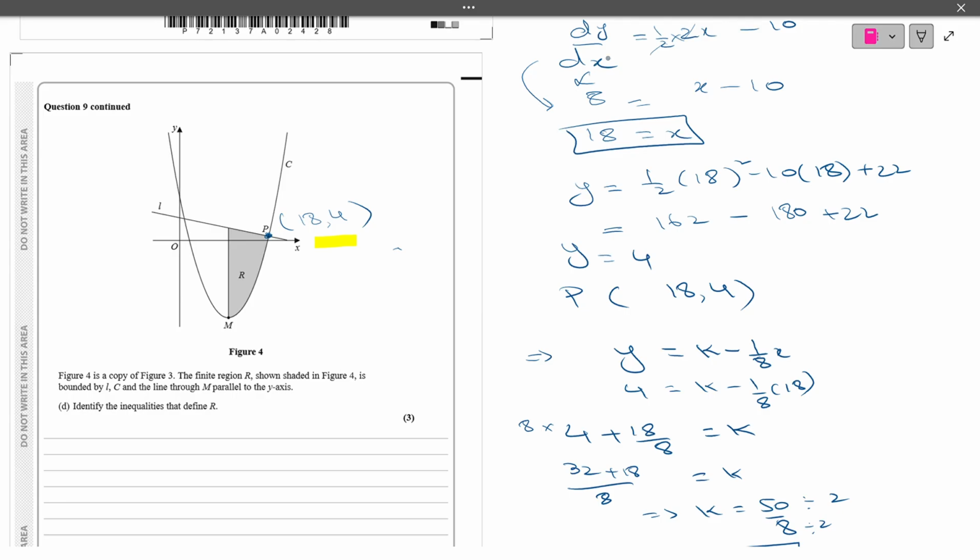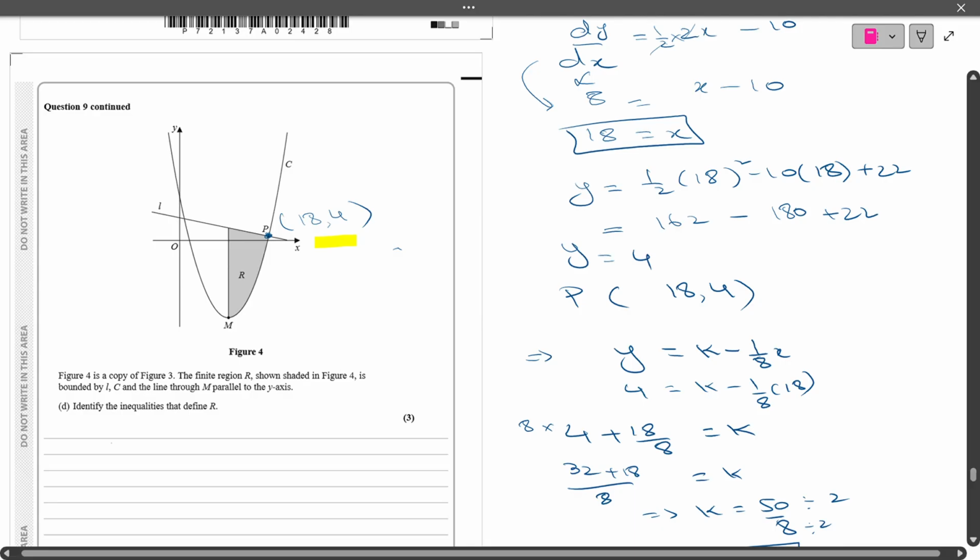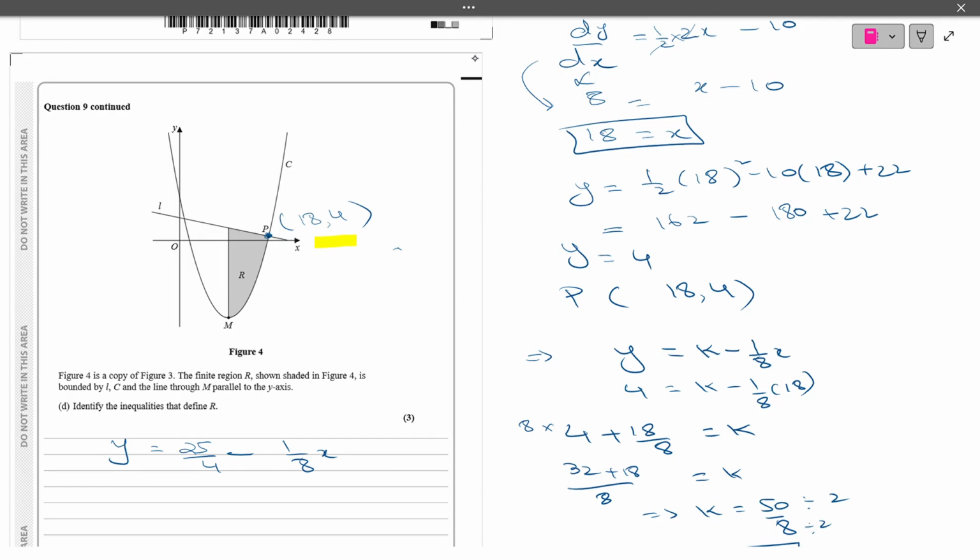So if I look at R, the region R is under the line y equals k minus 1 over 8x, and we just got k, that is 25 over 4 minus 1 over 8x. Because the region is shaded below the line, I can write here less than or equal to.